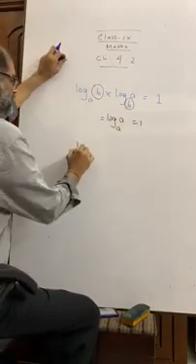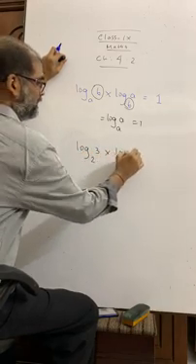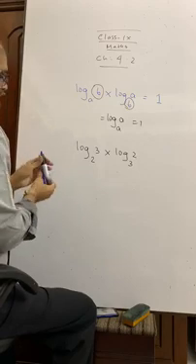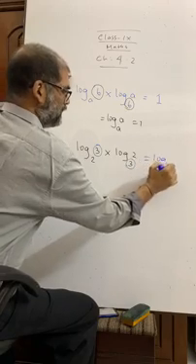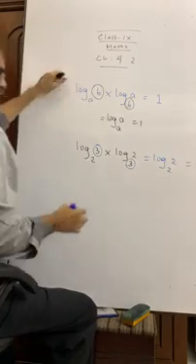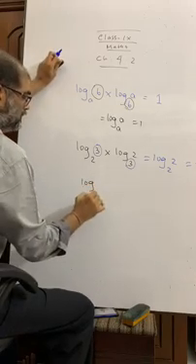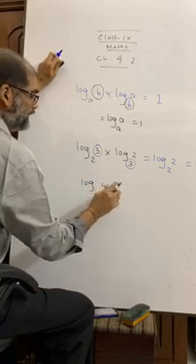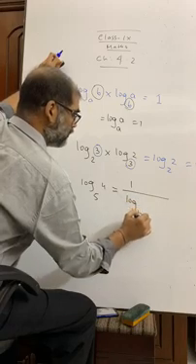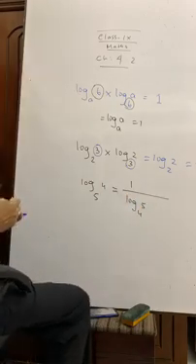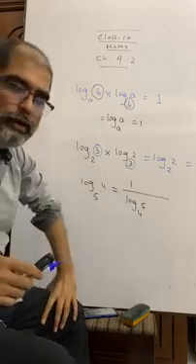Suppose it is given log 2 base 3 times log 3 base 2, it equals log 2 base 2 equals 1. So I can write like this. Suppose it is written log 5 base 4, we can write 1 by log 4 base 5. That means if we multiply these two, our answer will be 1.